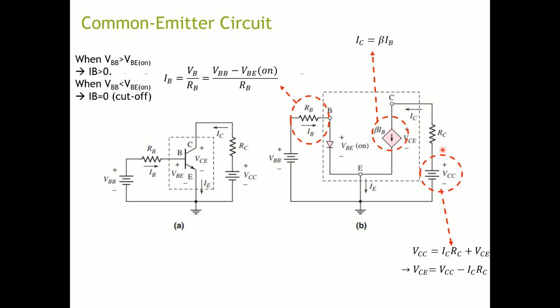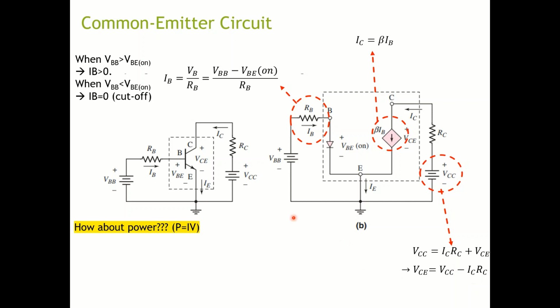You add them together, you have VCC. This is obvious, right? Now you can also write the voltage across this resistor as IC multiplied by RC, by Ohm's law. That way you can flip the two terms over. So now you have VCE equal to VCC minus IC multiplied by RC. How about the power?